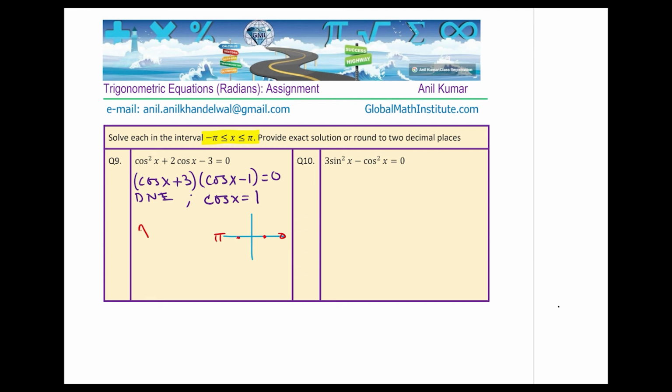So we have the solution x is equal to 0 or x is equal to minus pi. Now pi will also work, or x is equals to pi. So there are three solutions in this particular case for the cosine function.